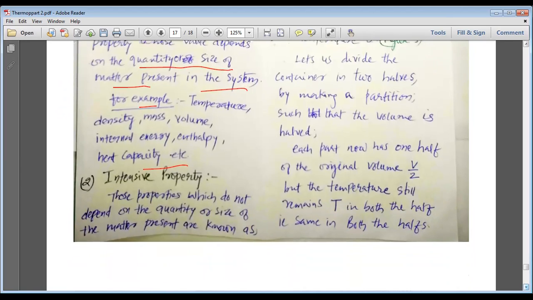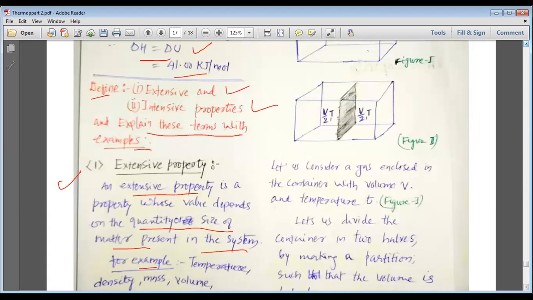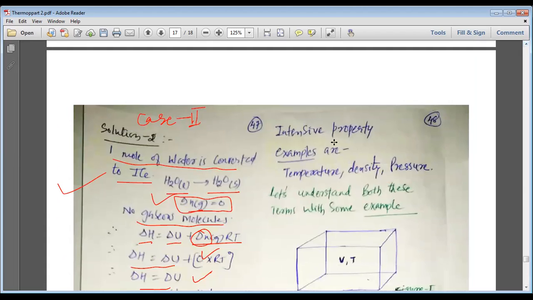Now we will study the intensive property. Those properties which do not depend on the quantity or size of the matter present in the system are known as intensive properties. Let us look at various examples of intensive properties. They are temperature, density, or pressure. So my dear students, if you have 1 kilogram of water and 5 kilogram of water, and you measure the temperature, it is possible that both have the same temperature.